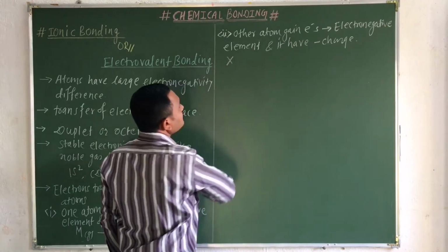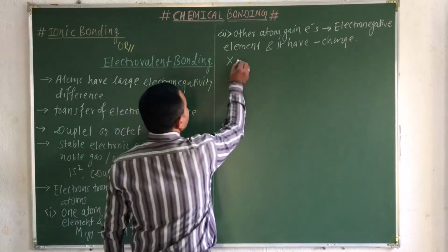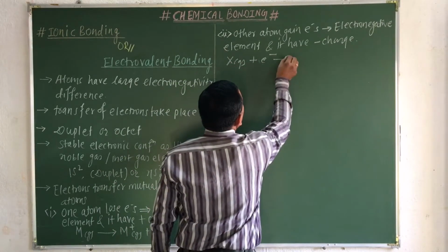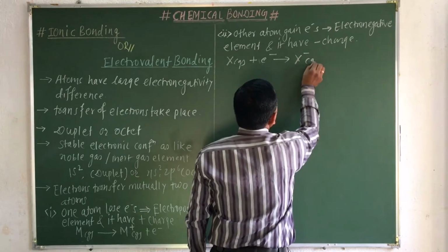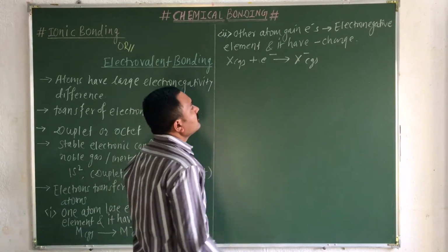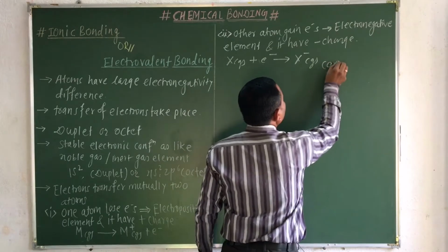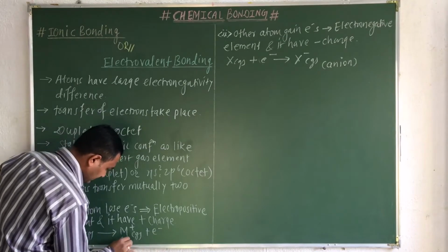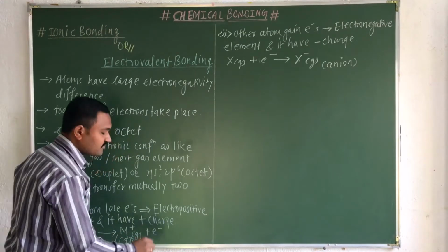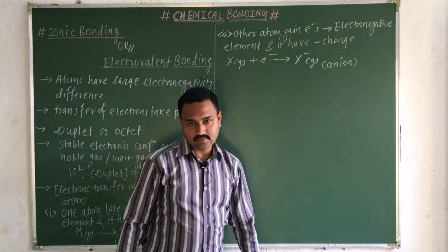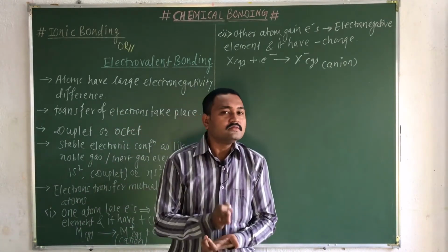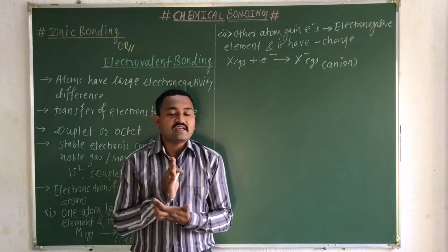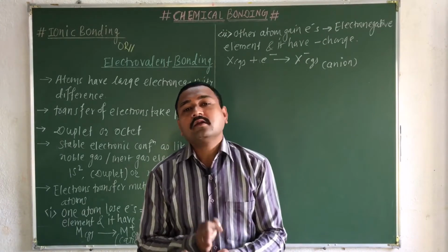For example, consider a simple general example: X in the gaseous state gains one electron and is converted into the ion X minus, which we generally call an anion, having the negative charge, while the other is called a cation. As two ions are formed, you know that whenever there are opposite charges on the ions, it is the natural tendency of the atoms to attract towards each other.